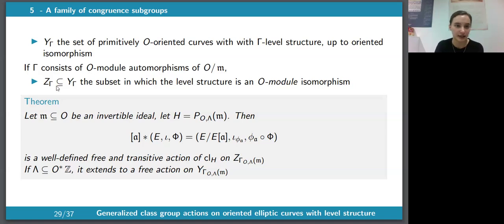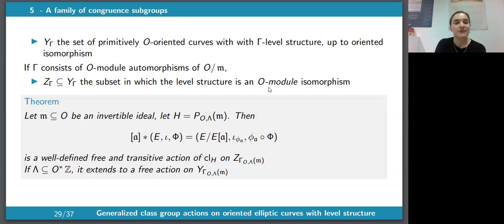Then in that case, Z_gamma is defined to be the subset in which the level structure is not only an isomorphism of groups, but also an isomorphism of O-modules. So now you probably understand why I mentioned a lemma earlier, saying that the kernel subgroup of modulus M is isomorphic to O quotiented by M, not only as groups, but also as O-modules.